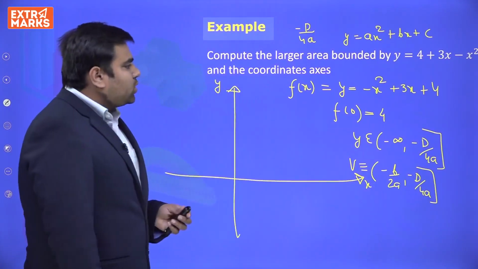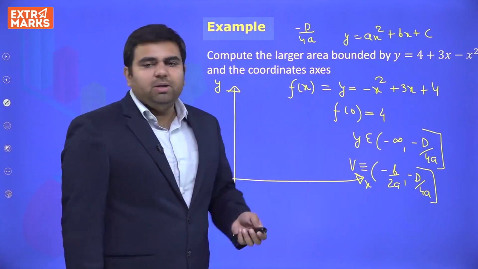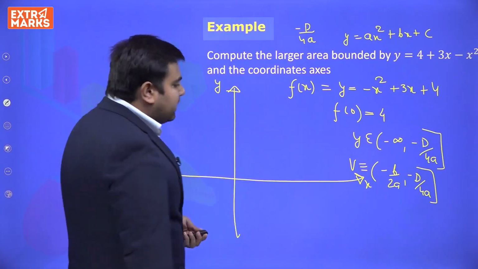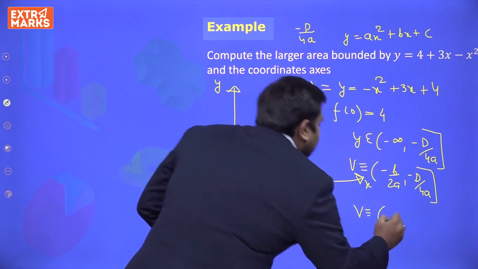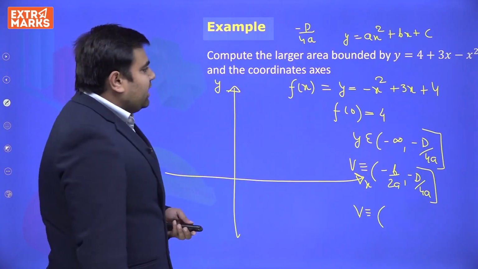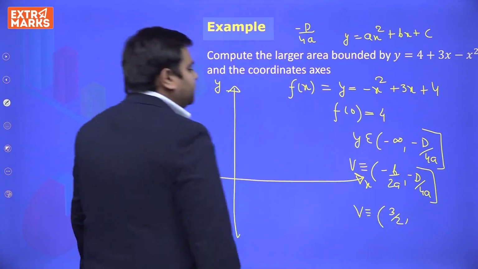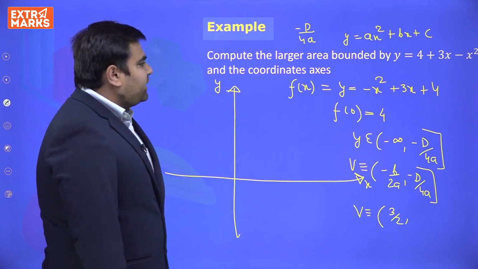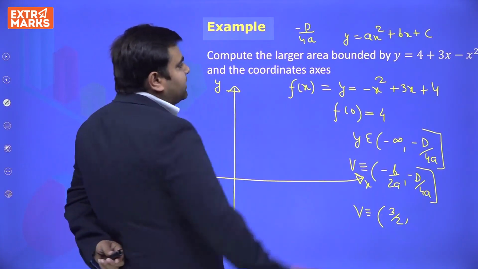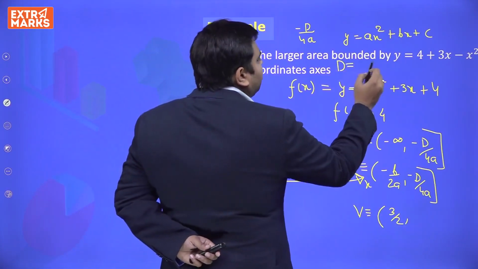Right? So firstly, I will calculate minus b by 2a. What is minus b by 2a? Minus b by 2a is minus 3 upon 2 into minus 1, which comes out to be 3 by 2. And what is minus d by 4a? So what is d? d comes out to be b square minus 4ac.